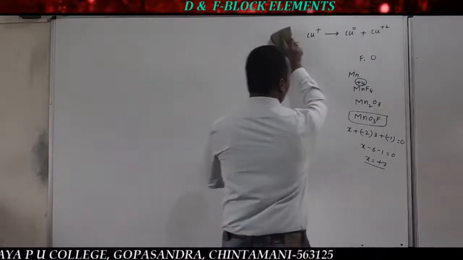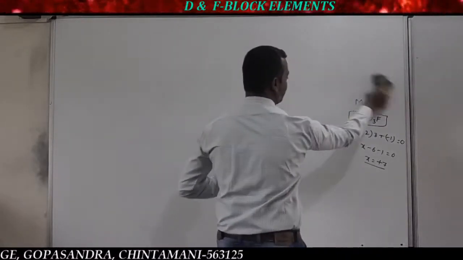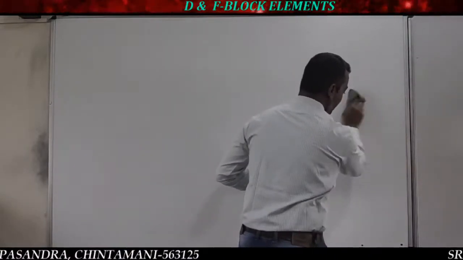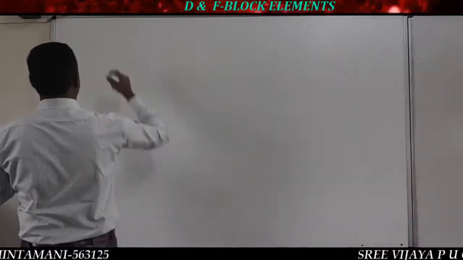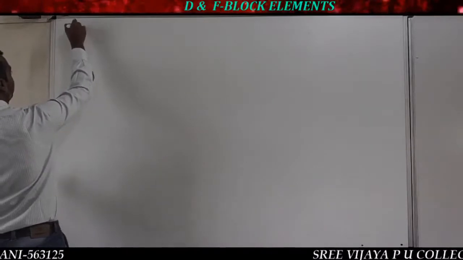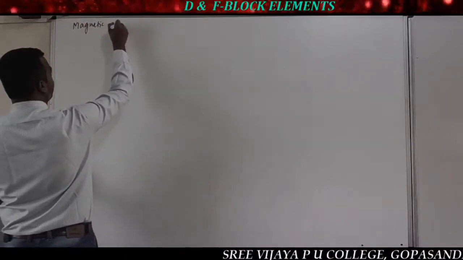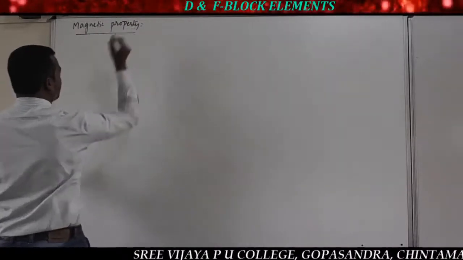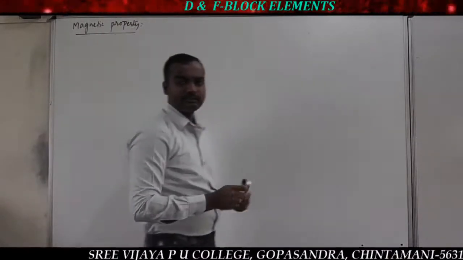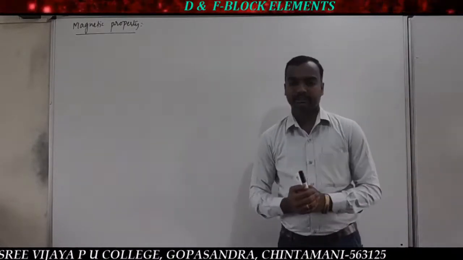Now I move on to another important property of the d-block elements, that is called magnetic property. In competitive exams, questions are repeated in d-block elements under magnetic property and also the oxidizing property of potassium permanganate and potassium dichromate.